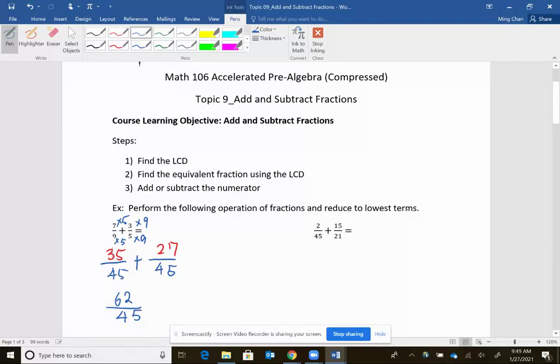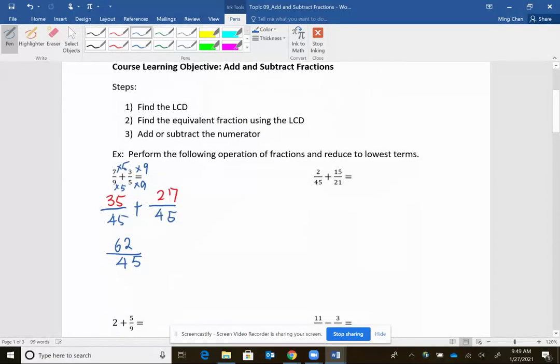So reduce to the lowest term simply means, by looking at my answer, can I reduce it? Remember, 62 is not on the times table, but 45 is. 45 is under 9 times 5. I know 5 cannot go into 62, so I cannot reduce by 5. 9 does not go into 62, so I cannot reduce by 9.